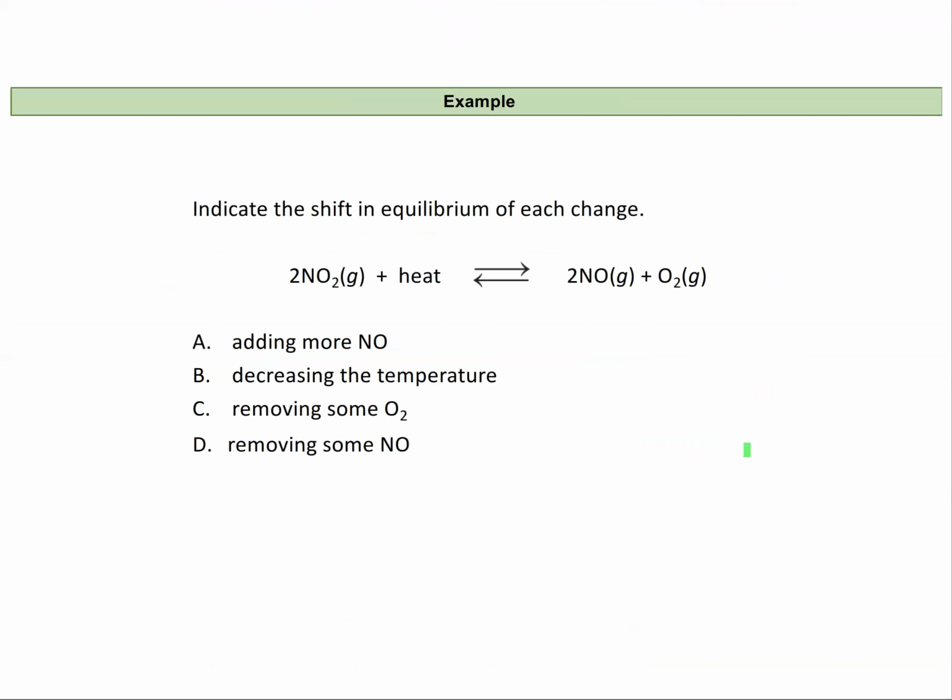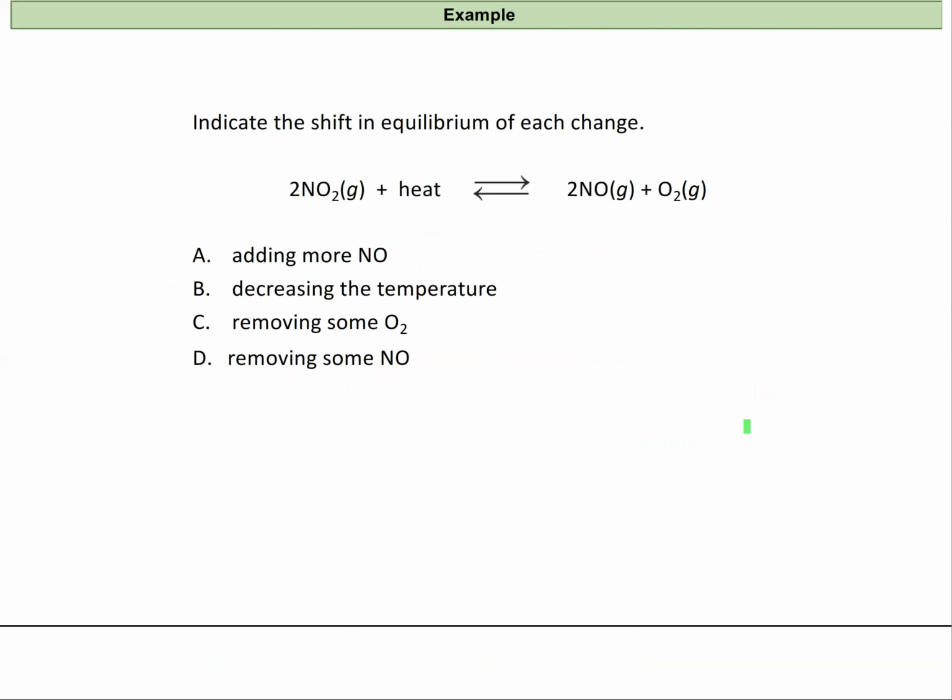So let's look at an example together. We've got a reaction where NO2 is decomposing to NO and oxygen. So if we add more NO in our reaction, we're going to increase the concentration of NO. NO is a product, so we're going to increase the amount of this product.